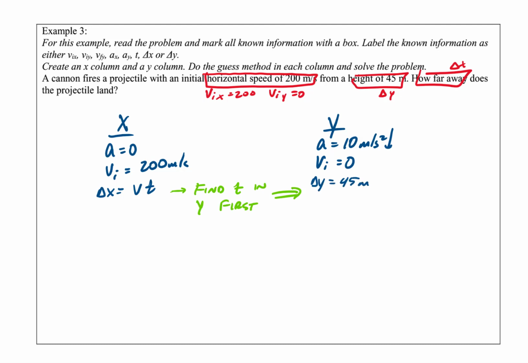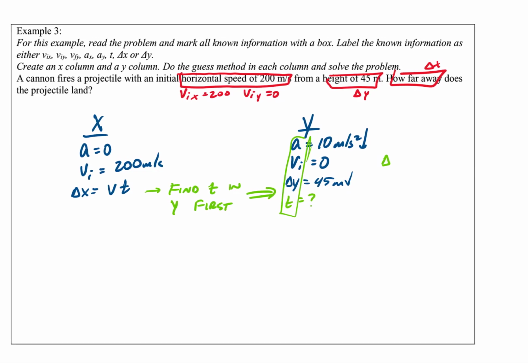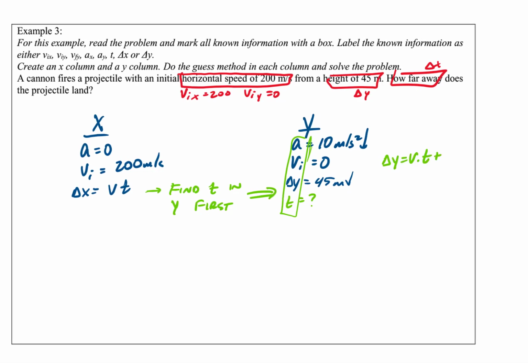I know my delta y is 45 meters down, and then my time is what we're looking for in the y direction. That's going to be the third equation. Delta y is equal to v0t plus 1/2 at squared. 45 is equal to 0t plus 1/2 times 10t squared.